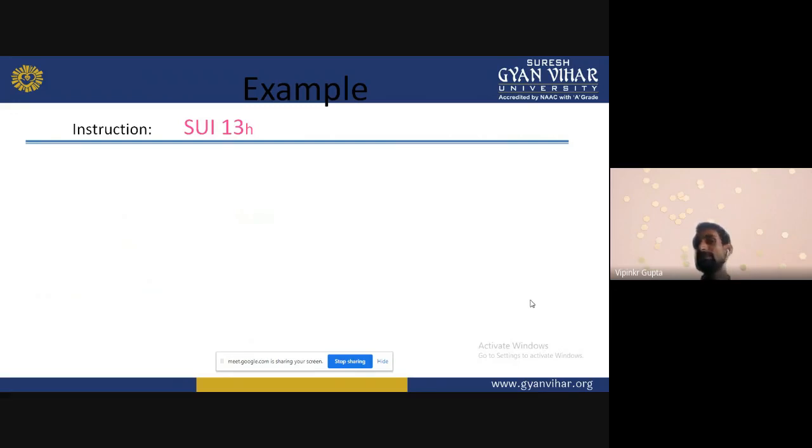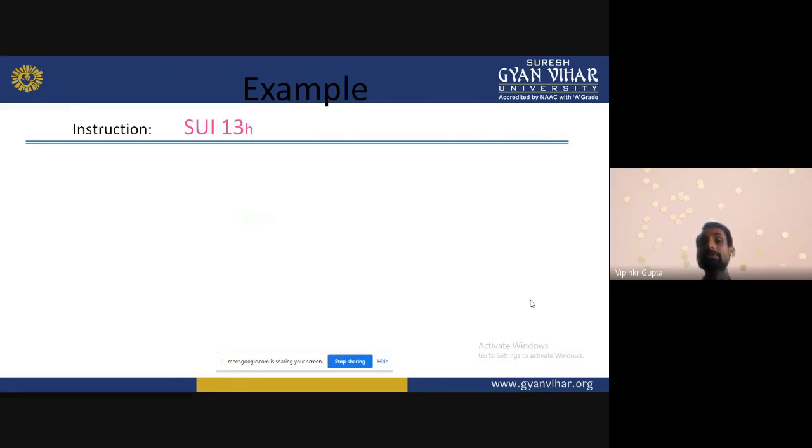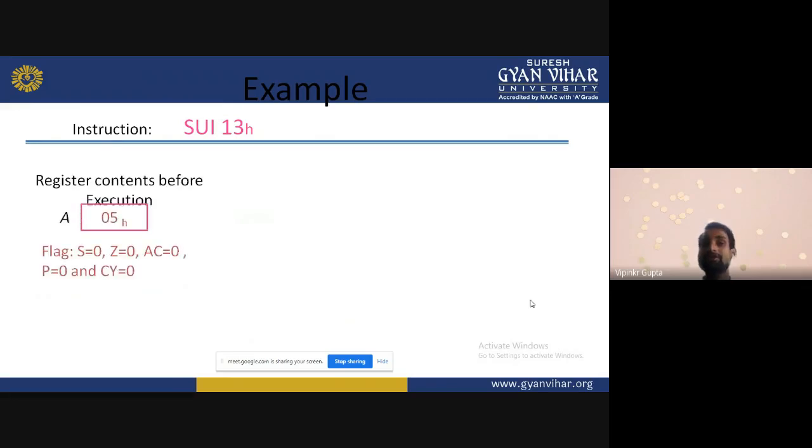Now, in the previous example, we were saying SBB, that is subtraction with borrow. Now here, SUI 13H, subtraction immediate, that is the meaning. So it means within the instruction it is having the data, whatever data we want to subtract.